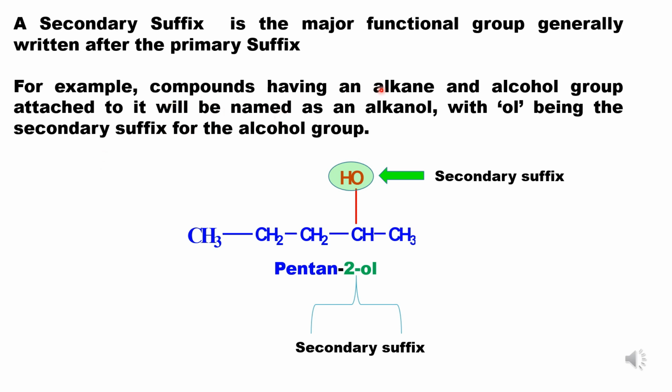A compound having an alkane and an alcohol group attached to it is named alkanol, which is the general name. Here ol indicates the hydroxy or alcoholic group, so we can use ol as a secondary suffix which indicates the alcoholic group. In the structure, the secondary suffix is indicated by the green color. So here 2-ol is the secondary suffix.